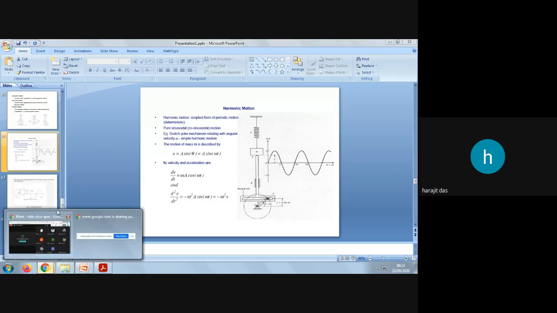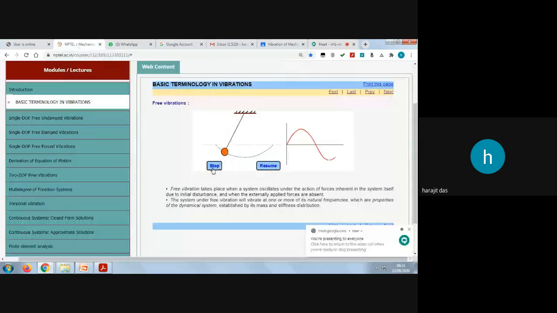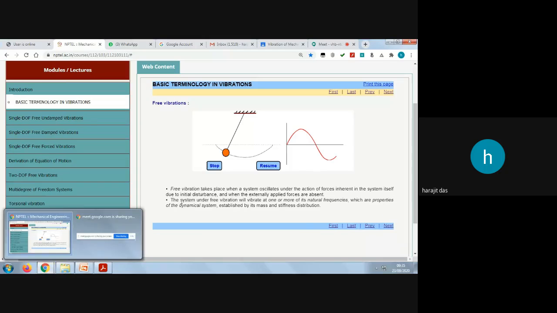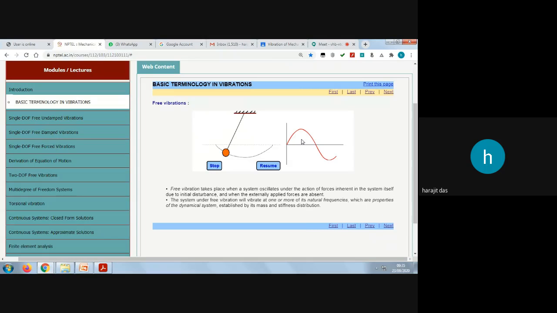First of all, I will take the example of the pendulum. As you all know, for a simple pendulum the motion is simple harmonic motion, and in this introductory phase of vibration you came to know that simple harmonic motion can be represented by this sinusoidal curve. So how will this sinusoidal curve be formed?